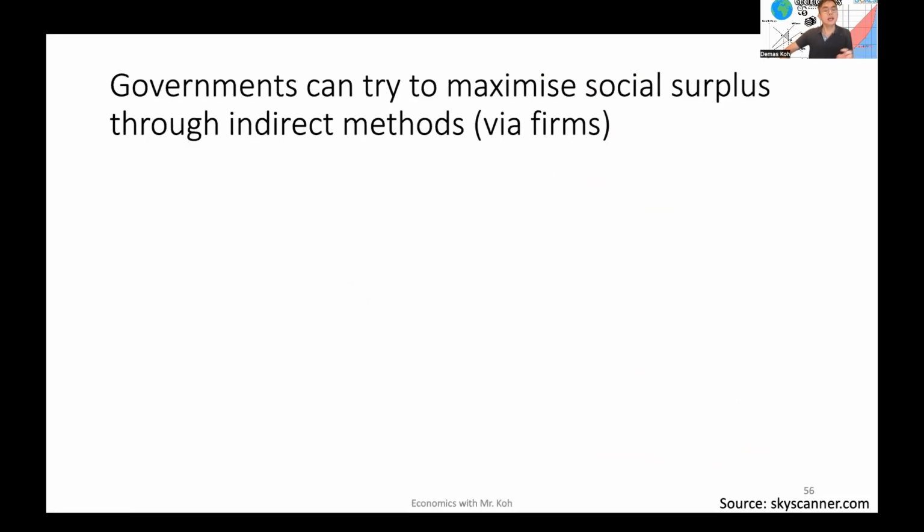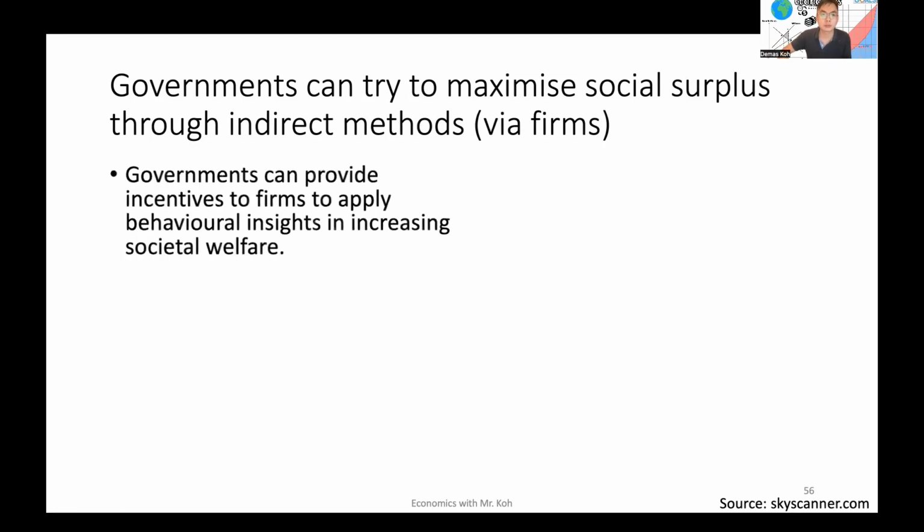Right. Now, governments, instead of directly influencing consumers, can also attempt to maximize social surplus or societal welfare through indirect methods, and that is, of course, via firms. So governments can provide incentives to firms to apply behavioral insights in increasing societal welfare.